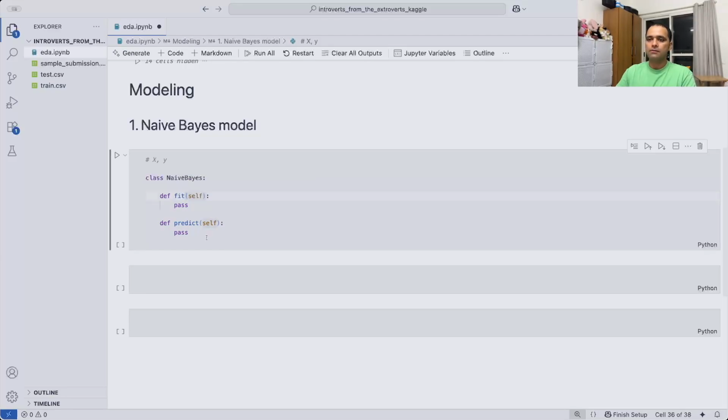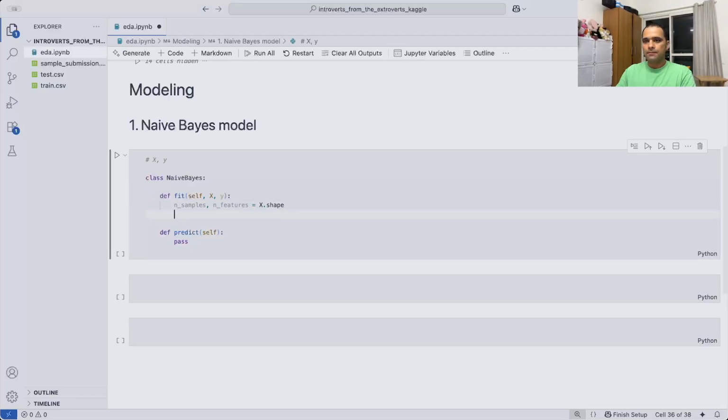When we call fit for any model, we pass inputs and outputs to it. To start with, we'll need to unpack the dimensions of x: samples, features equals x dot shape. Then we need number of classes, or maybe first let's initialize the classes themselves.